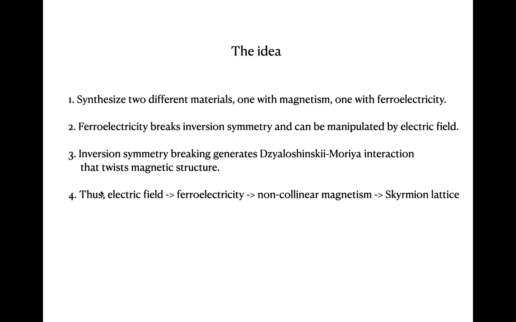Therefore, the electric field influences ferroelectricity, and ferroelectricity generates the DM interaction that generates non-collinear magnetism, including the skyrmion lattice and skyrmion texture. So this gives you a way for the electric field to control skyrmions, although it is rather indirect, but it works.